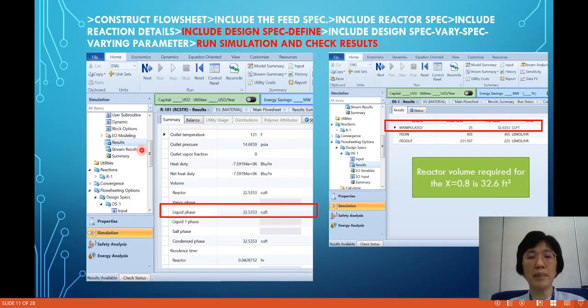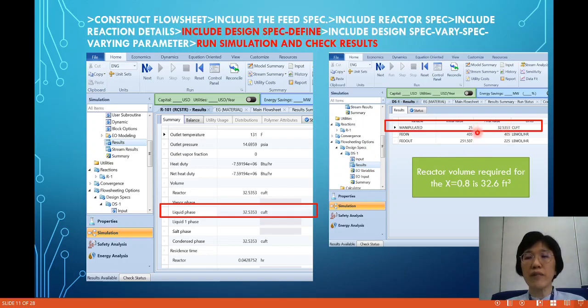This is the results tab under the block section, block R101, and the volume required is 32.6 feet cube for achieving 80% conversion. You can also check the result under the design spec, the result section.